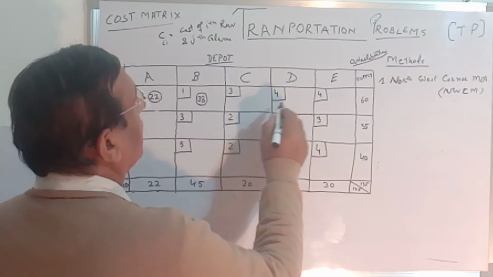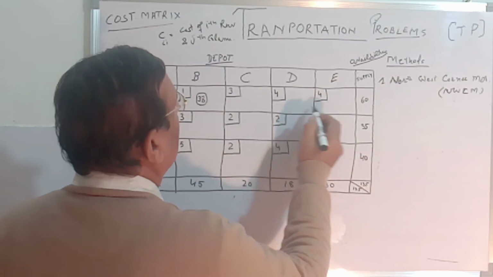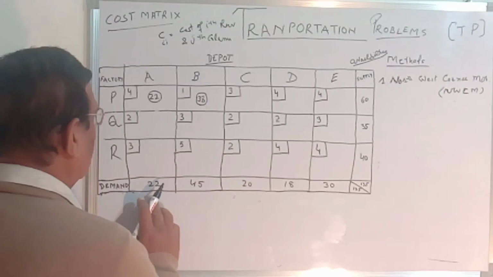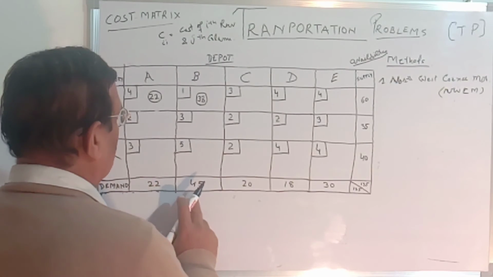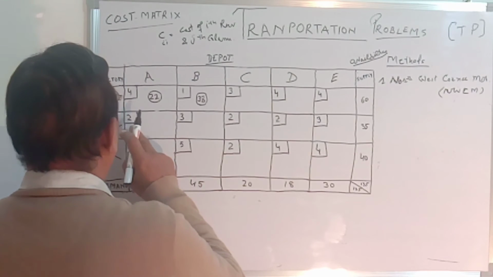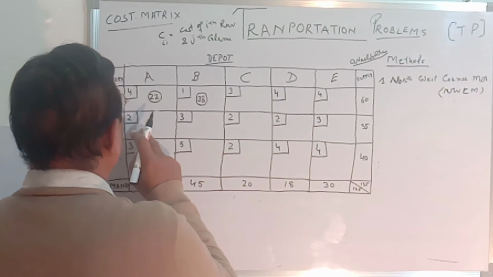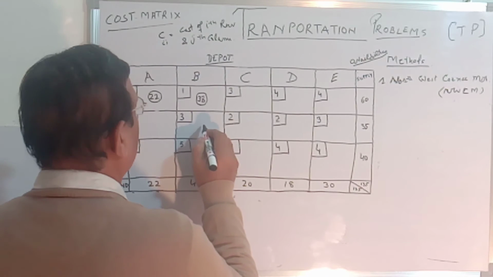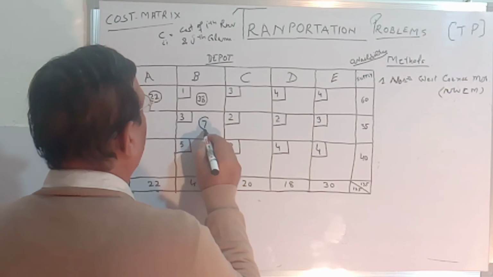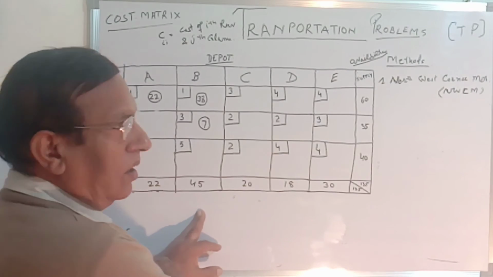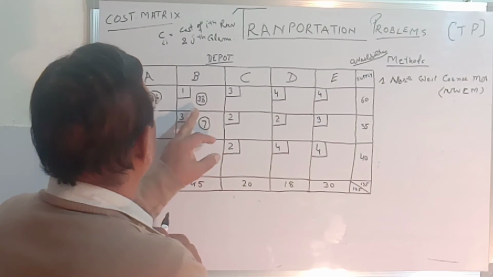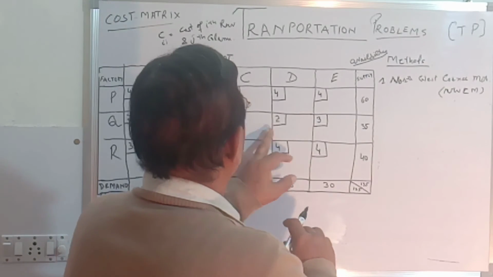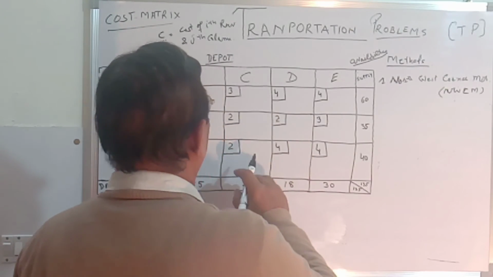We can't proceed further in the same row because 60 is over. Now you have to come to the second row. Here only 7 can be allocated because you have to satisfy all demand and supply. 7, 38, 7, 45.